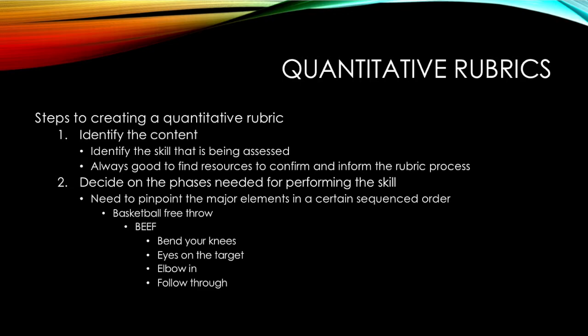Those books have the cues and the ways that you should be teaching things or skills. So you want to make sure that you're using those resources. If you use an online resource, make sure that it's credible and not just someone from off the street putting the steps to dribbling a basketball online.